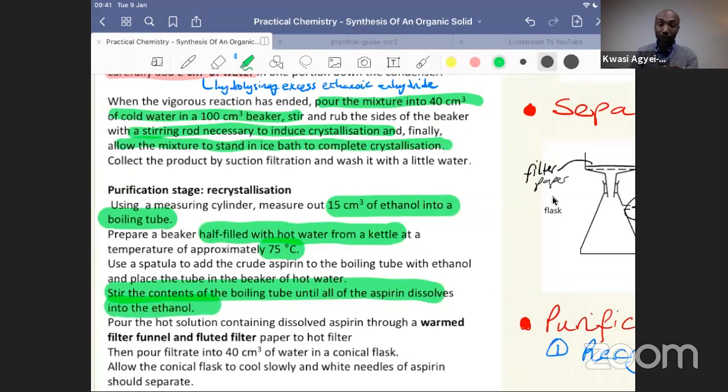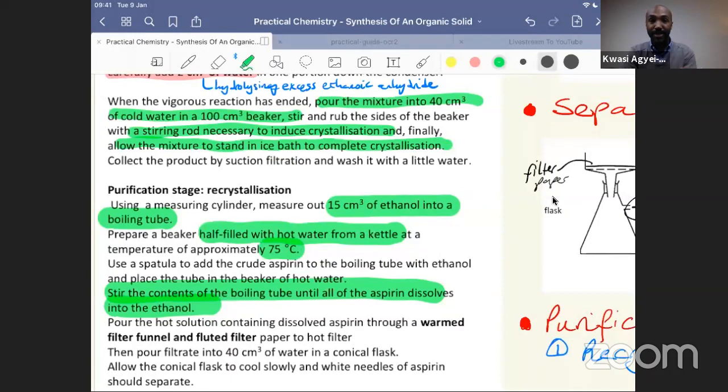And then once all of your aspirin has dissolved in the hot solvent, you want to filter that by gravity. So just fluted filter paper and filtering hot, so that if there are any impurities present that are insoluble, they will be filtered out. So we're filtering hot to get rid of insoluble impurities.